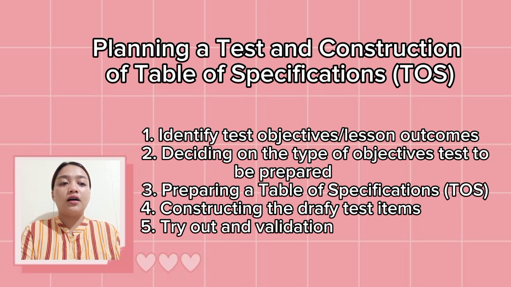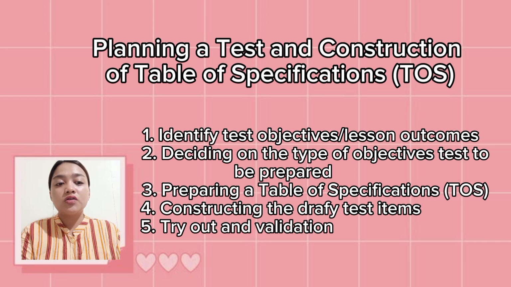So step 3, ang teacher is mag-prepare na siya og TOS. Kay syempre, naka-identify naman siya kung unsa nga test objectives and lesson outcomes, and naka-decide na siya kung unsa nga types of objectives.